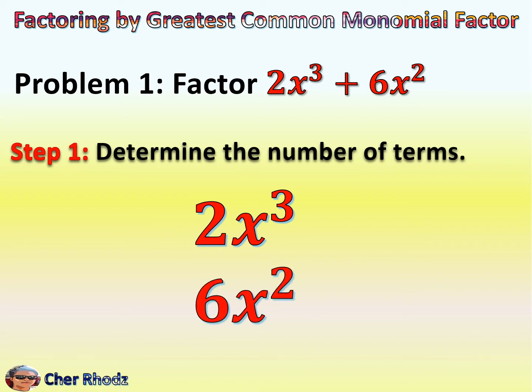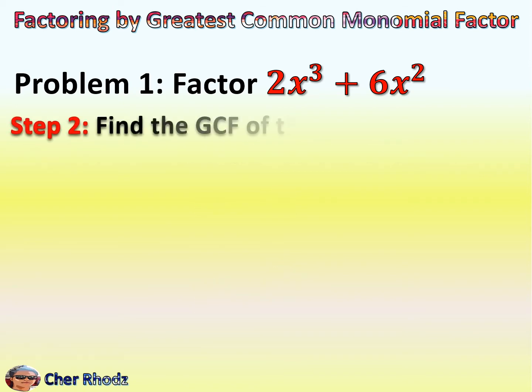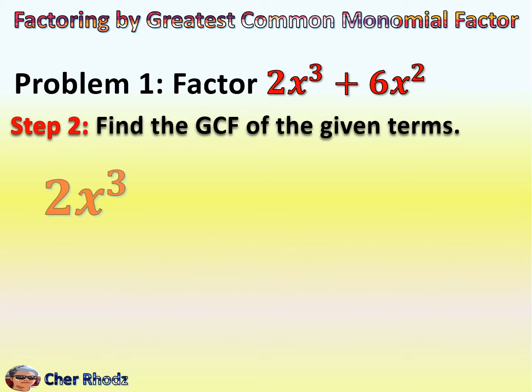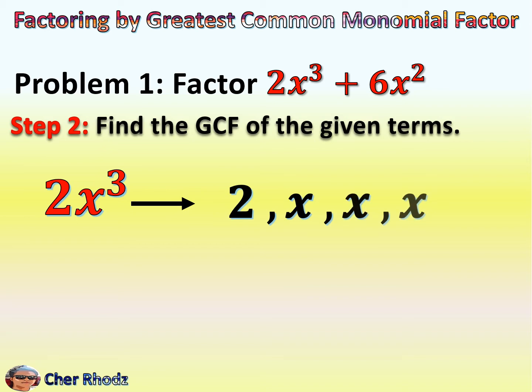Now we are ready for our second step, which is finding the GCF or greatest common factor of the given terms. Let's first start with our first term, which is 2x cubed. What are the factors of 2x cubed? The factors are 2, x, x, and x.